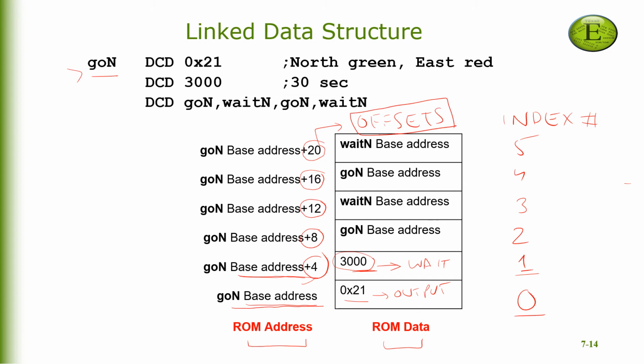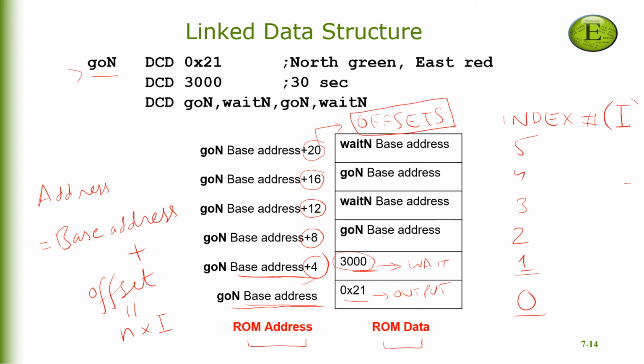And remember, the total address of any element is the base address plus the offset. And this offset is n times I from our last lecture, where I represents the index.